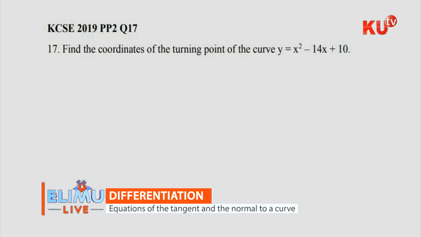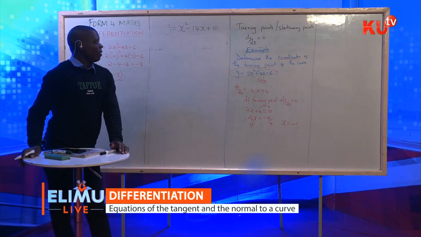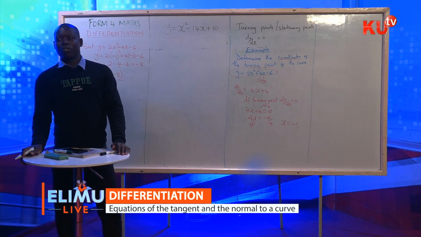For students, if you've been able to look at that question in the previous exams, you'll have seen the question: find the coordinates of the turning point of the curve y is equals to x squared minus 14x plus 10. 2019 KCSE question number 7.